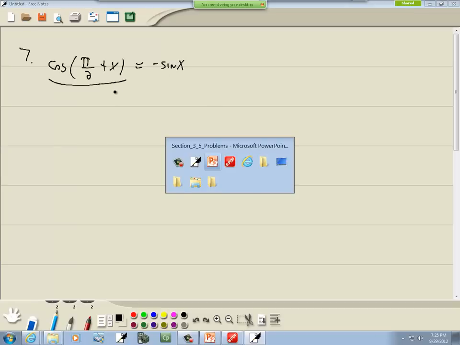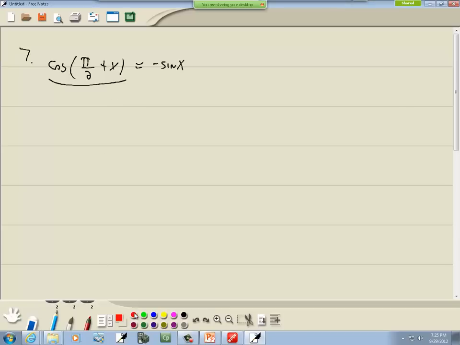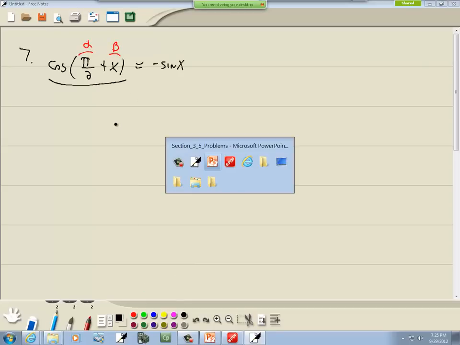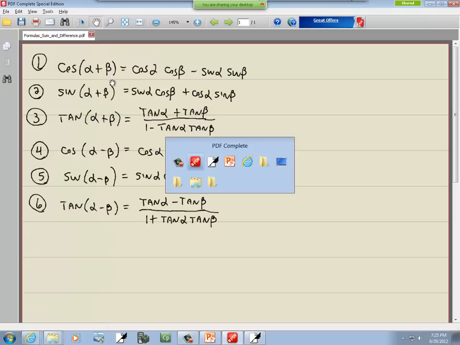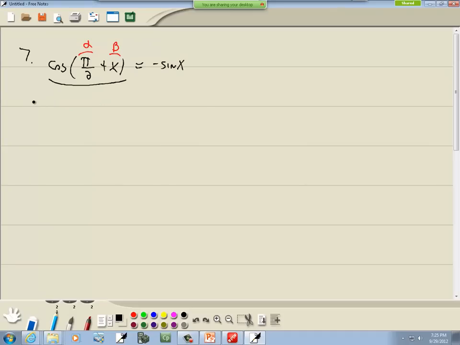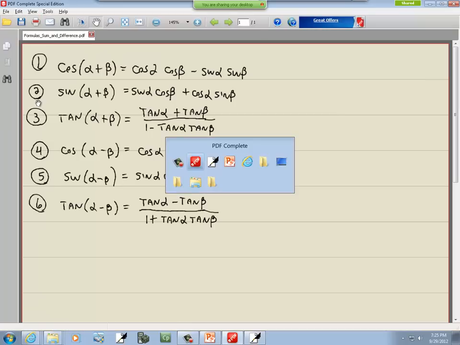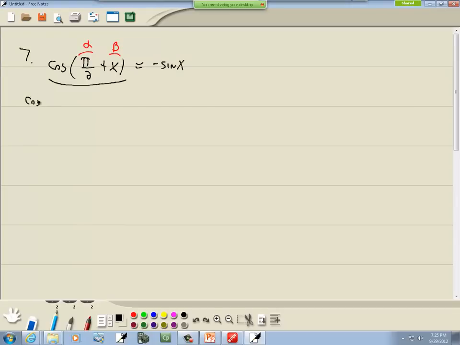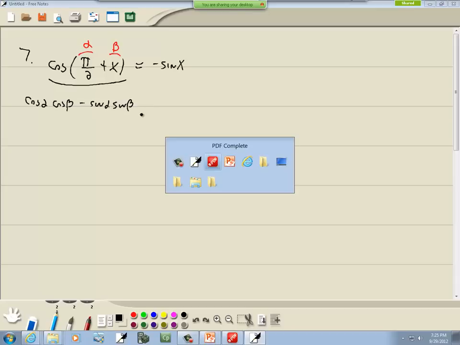And what we're going to use is this is alpha, and this will be our beta. So let's go look those up. Cosine alpha plus beta is equal to cosine alpha cosine beta minus sine alpha sine beta.